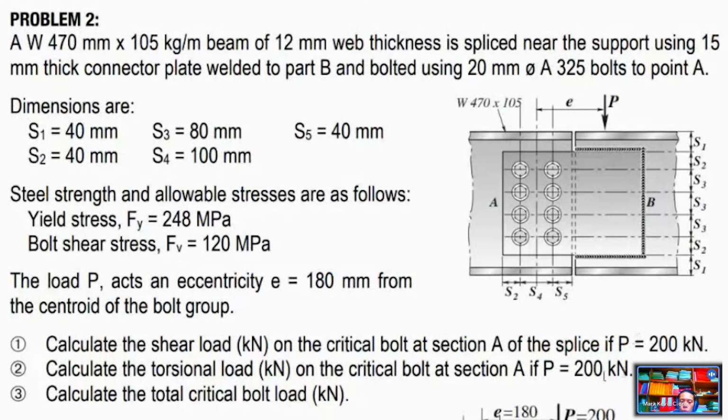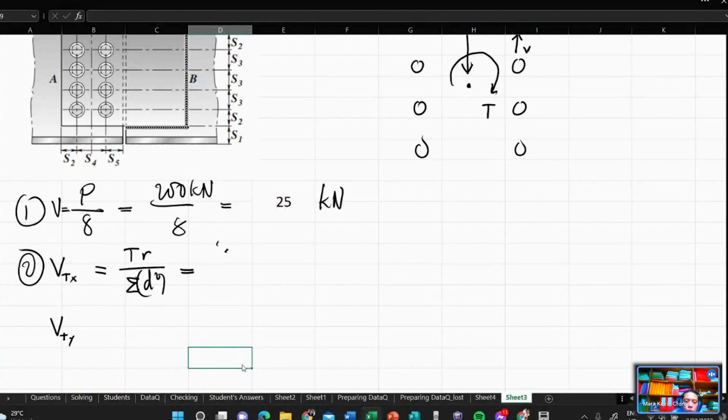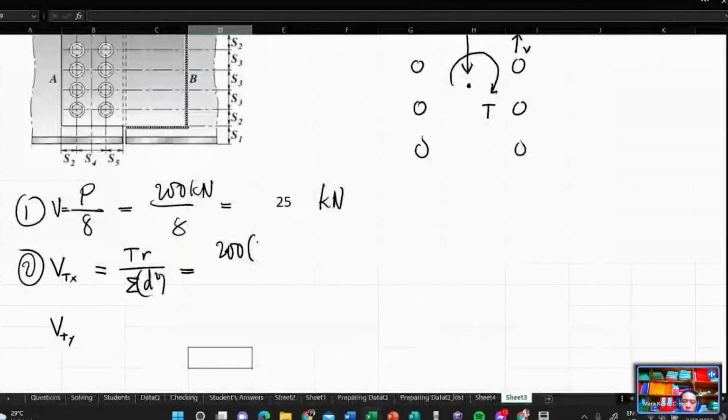P is equal to 200. Eccentricity is equal to 180. E is equal to 180 as shown right there, 180 mm from the center of the group. So we can put it here. Your T is 200 multiplied by E. That is 200 kilonewton, so 200,000.